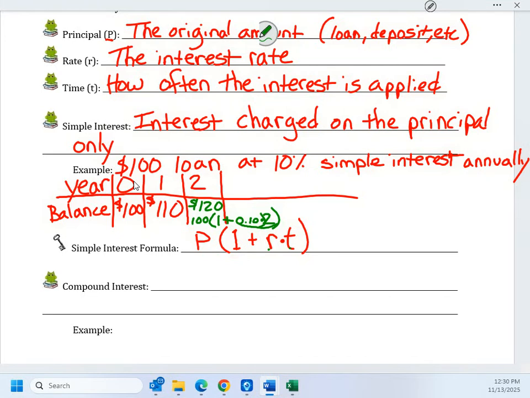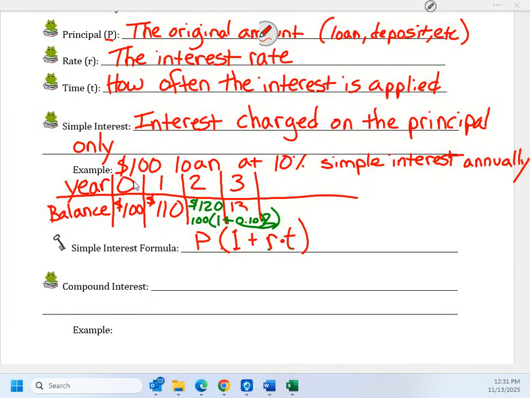How do we feel about that? So let's look at what our next year would be. If the next year is 3, write out what that calculation would be. Use your calculator, put our formula into your calculator and tell me what would the interest be at year 3. Emily.